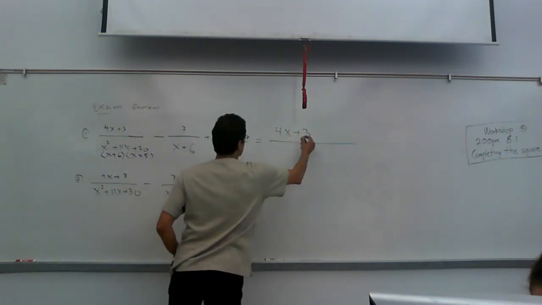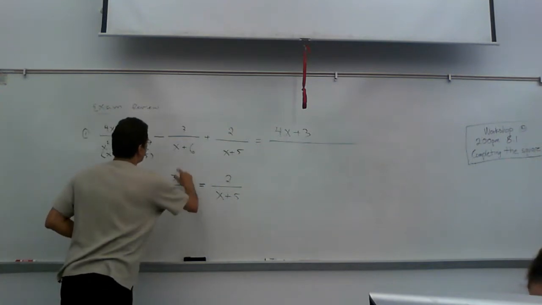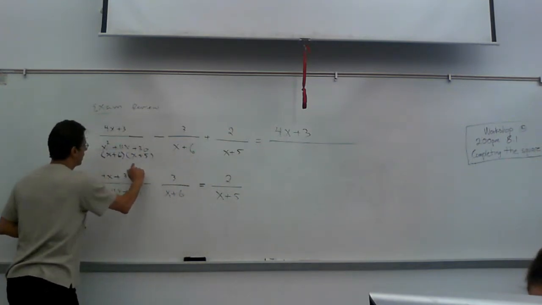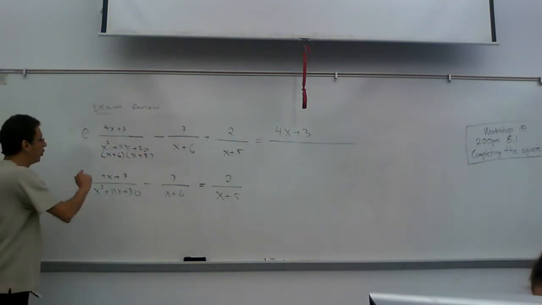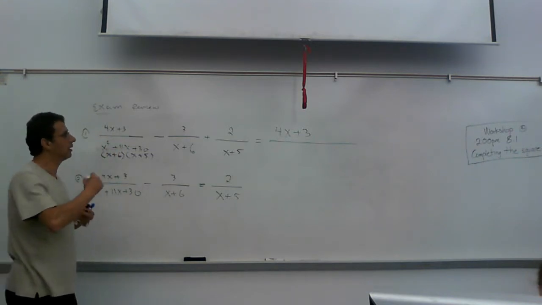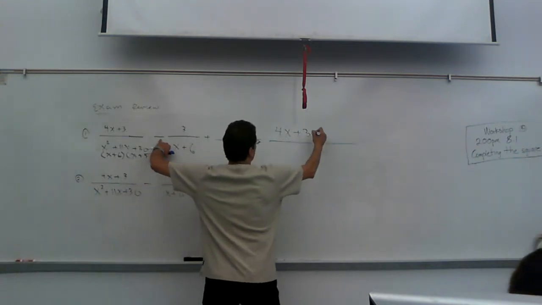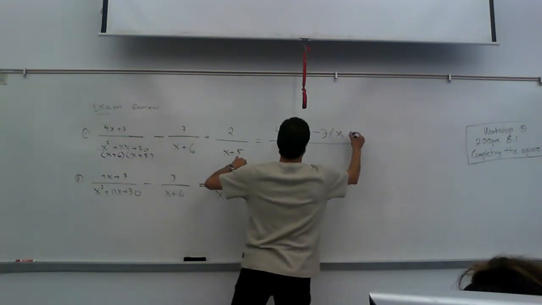Is that right, class? So the second one, what do you need for x plus 6 to become x squared plus 11x plus 30, or x plus 6 times x plus 5? What is missing? Do you see that you need negative 3 times x plus 5?